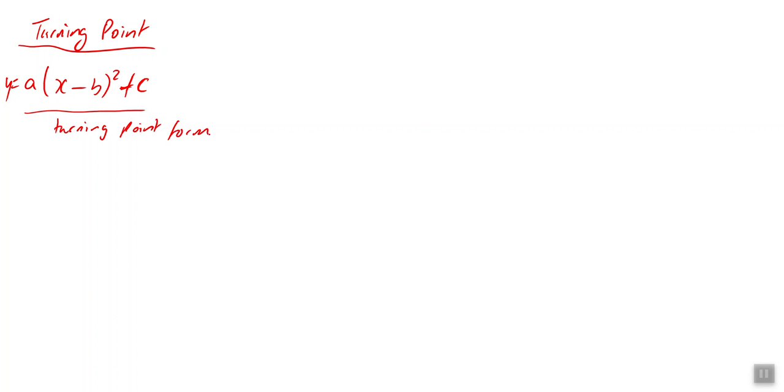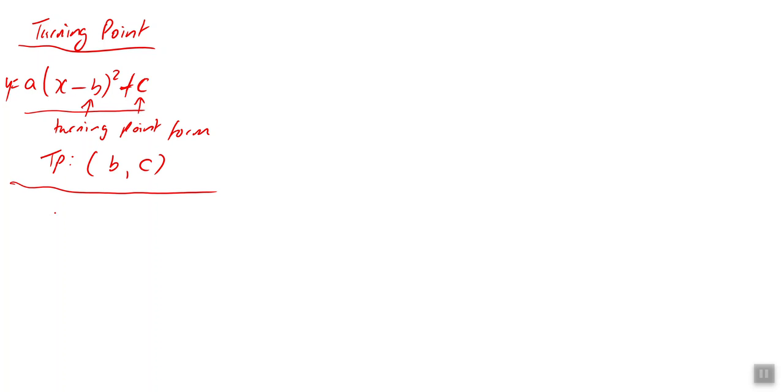Because I can read directly what the turning point is from these letters. From this equation, we know the graph has moved up C and right B, so it's opposite to what you expect. If it's moved right B and up C, the turning point will be at (B, C).